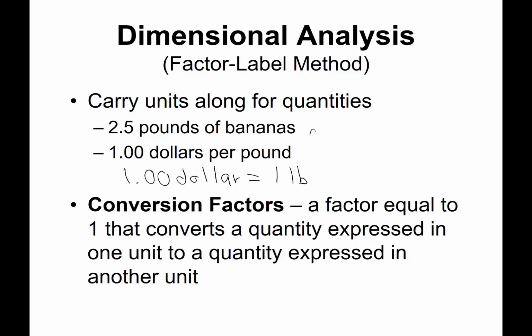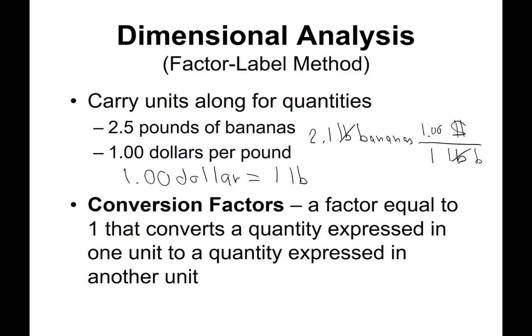But if we have 2.5 pounds of bananas, then what we do is we take this conversion factor and we multiply by the unit we want, so $1.00, I'm going to write it like this because I'm going to run out of space, and 1 pound for the sake of canceling the units.